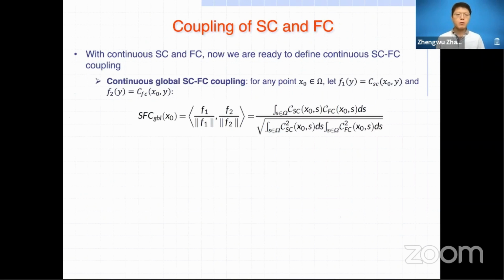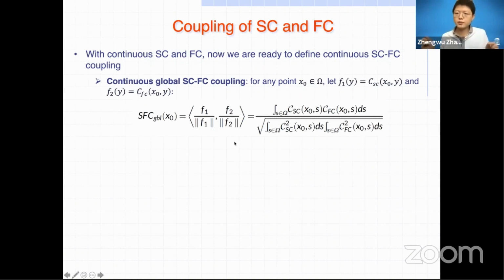With the continuous functional and continuous structural connectivity defined on the surface, we can start to define the coupling. The coupling means the similarity between the functional and structural connectivity at any point of the surface. We can define global coupling, which compares the connectivity from a particular point x0 to the rest of the brain, and we use an inner product to define the similarity.